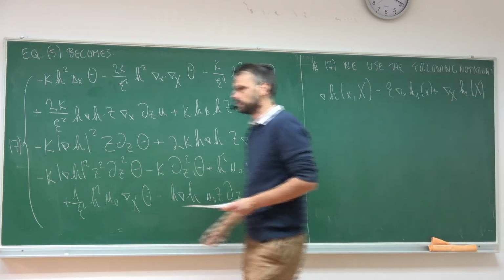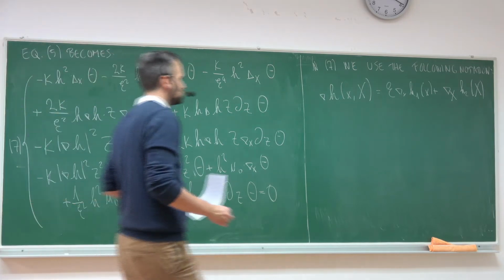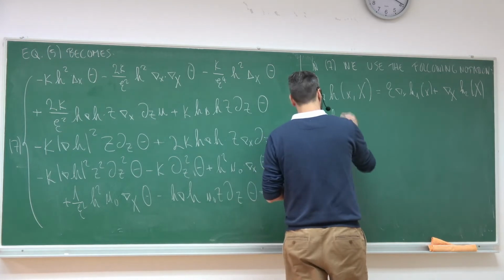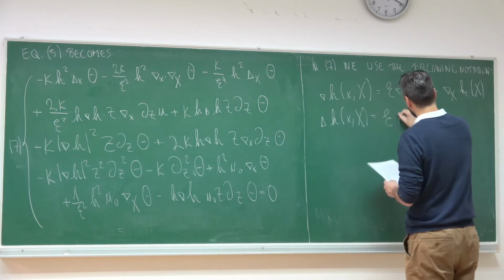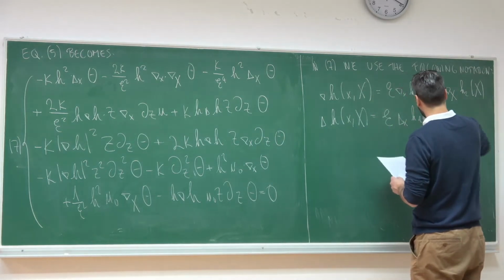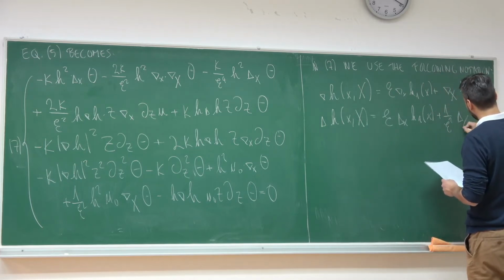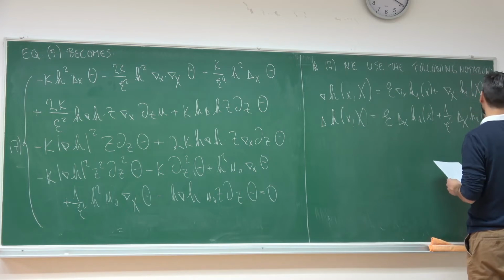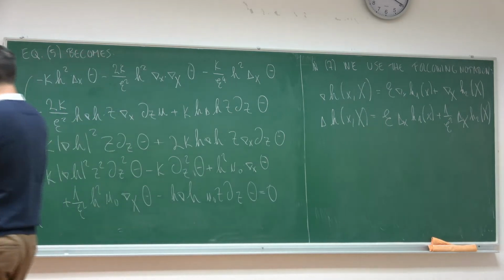Just let me check that here we don't have epsilon squared, I'm not sure. Yeah, it's okay. Okay, so Laplace of h is epsilon Laplace x h1 of x. Okay, so this is what you're working with.